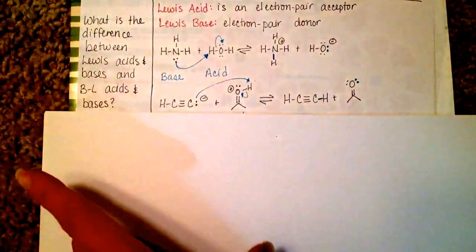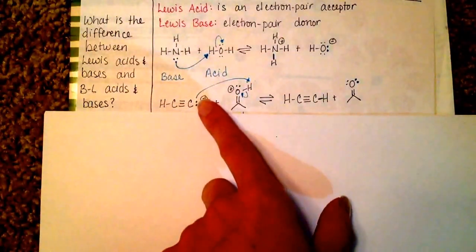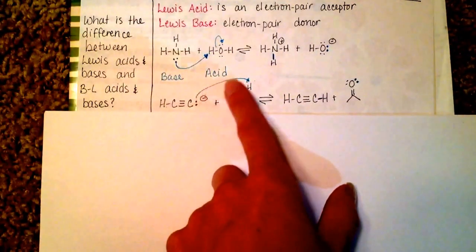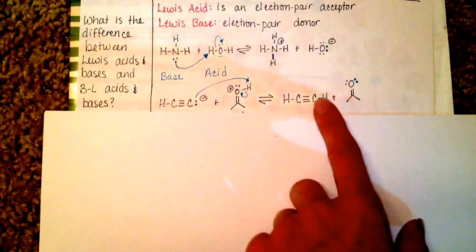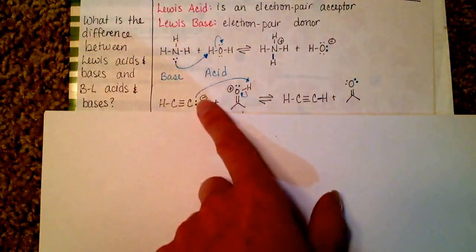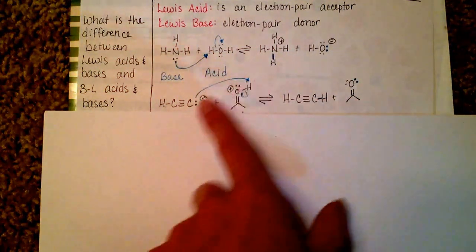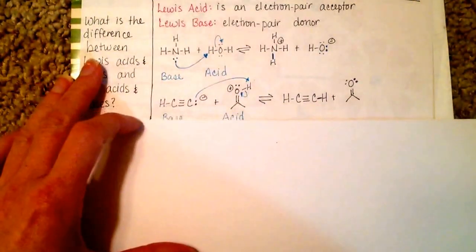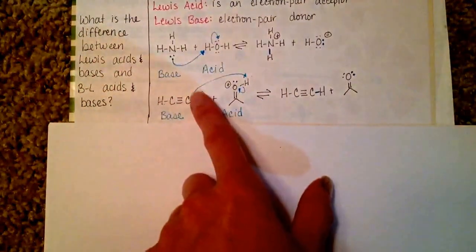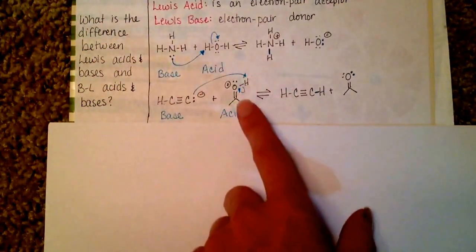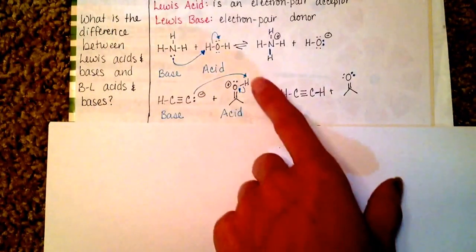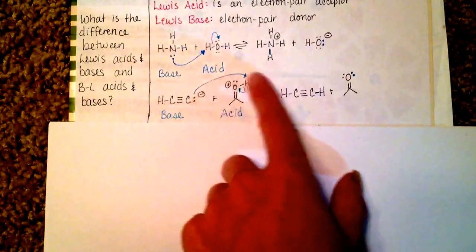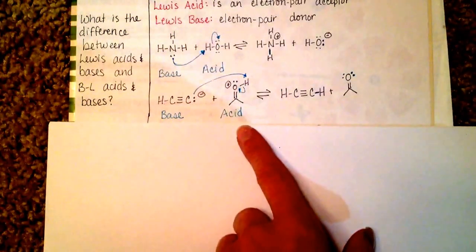If we think about it in terms of electrons, this lone pair of electrons is reaching out and forming a covalent carbon-hydrogen bond, and that's the bond that we see right here. That donation of electrons is what classifies this particular compound as the base, the electron donor. The molecule on the right side, our second reactant, is accepting the lone pair of electrons, which makes it an acid.